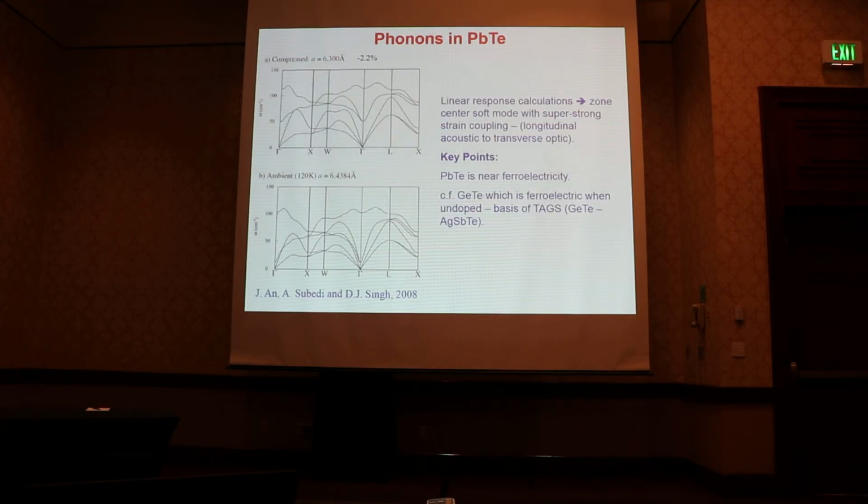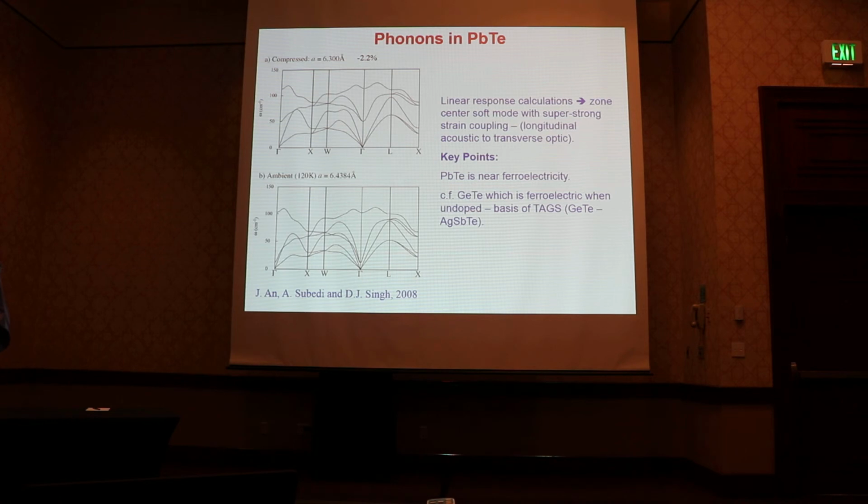So here's the other part, or at least one other part of that story. Lead telluride is almost a ferroelectric material. These are phonon dispersions that we calculated for lead telluride, and it was known before this to be almost a ferroelectric material. If you substitute lead by tin, it becomes a ferroelectric at low temperature.